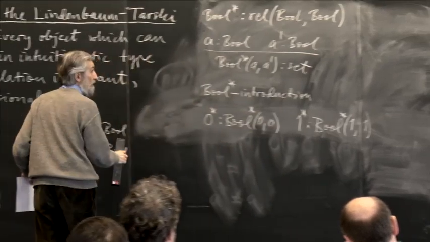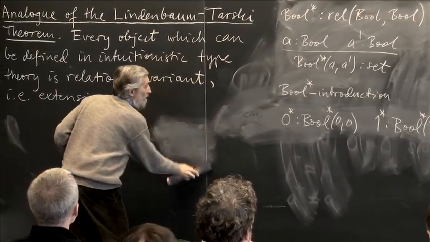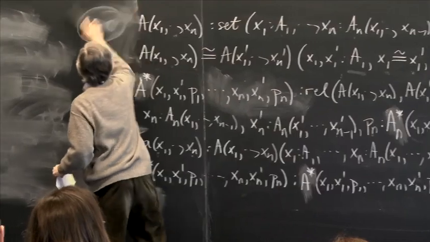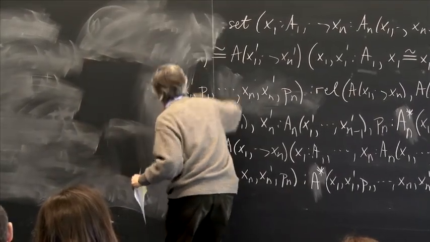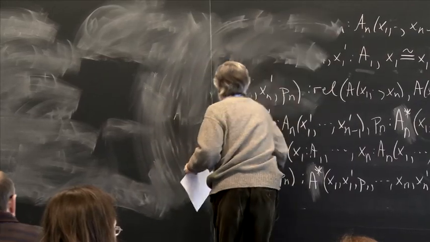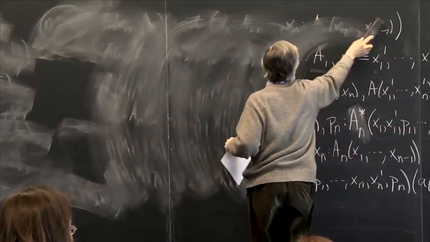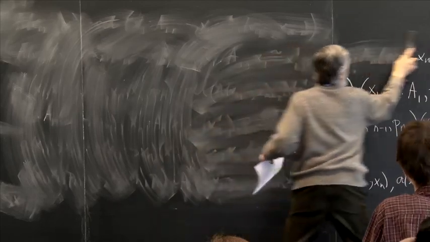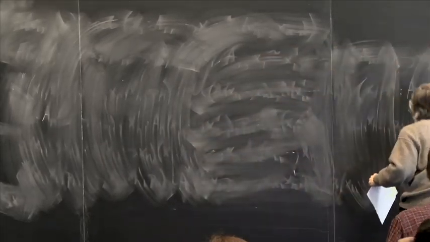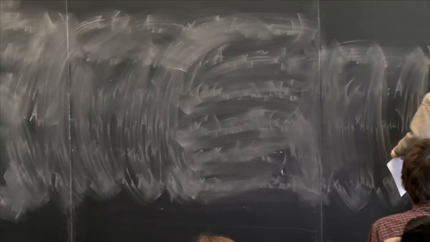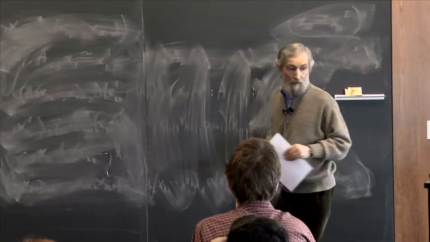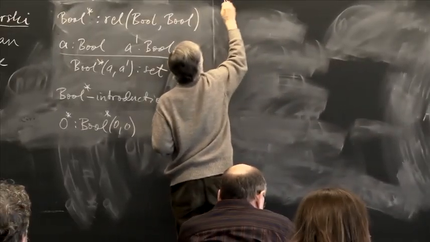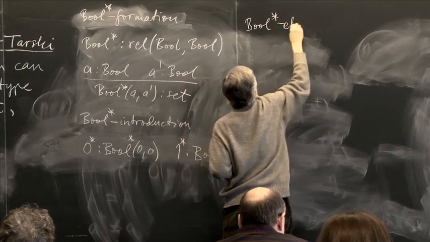And now the question is, what does the elimination rule look like? So bool star elimination.